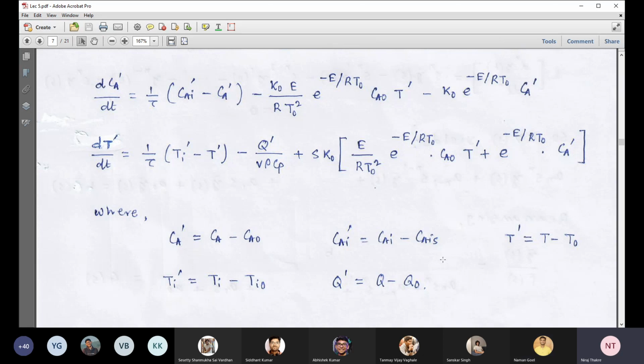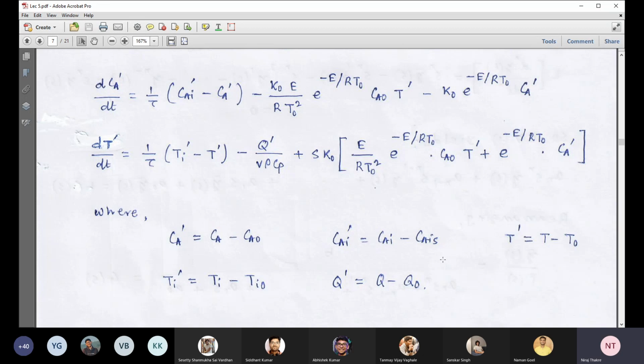So this is the multi-input, multi-output example. Basically, if the model is nonlinear, we can linearize the model structure using the Taylor series expansion. But remember, it does not mean that we will go for this linearization, because nowadays numerical methods are available for solving the nonlinear equations as well.